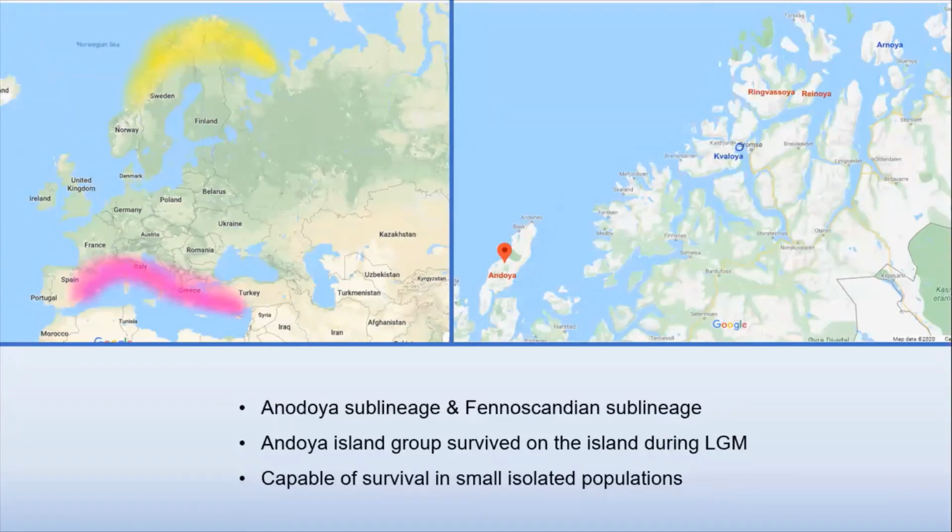They concluded that the Fennoscandian phylogroup recolonized through Finland, as other studies have already suggested. So on this left map here, they figured that the Fennoscandian group just came in through Finland.